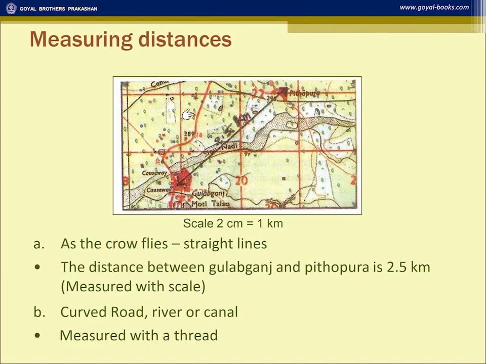Now take it to the 0 again, and on the left side see how many small boxes it is covering. Suppose it is covering 3 small boxes. So your answer would be 3 kilometers and 300 meters, or 3.3 kilometers.